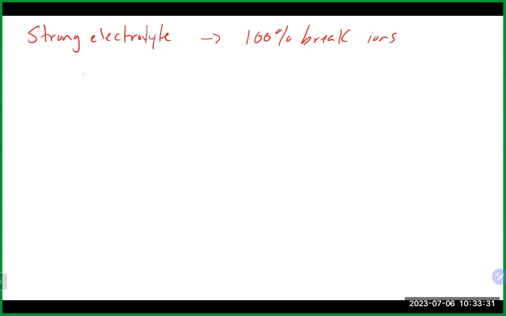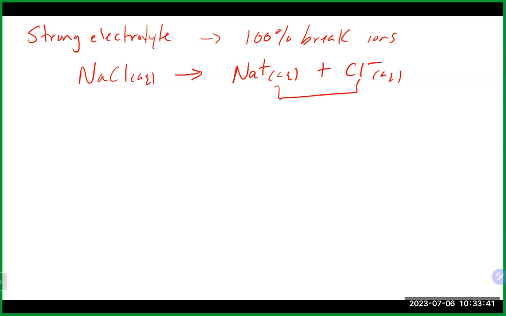So a strong electrolyte, for example, is something that, as I mentioned, will 100% break apart into ions. So something like sodium chloride: in a solution of sodium chloride, it is 100% sodium ions and chloride ions floating around in that solution.